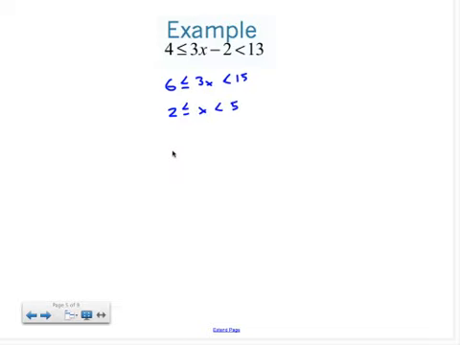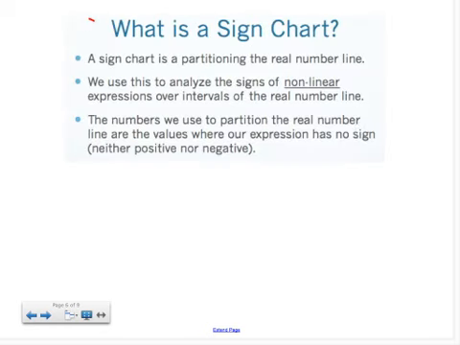In interval notation, we will write bracket 2, comma 5, parenthesis. Which means on the number line, I'm permitted to use all numbers from 2 to 5, including 2, but not including 5.